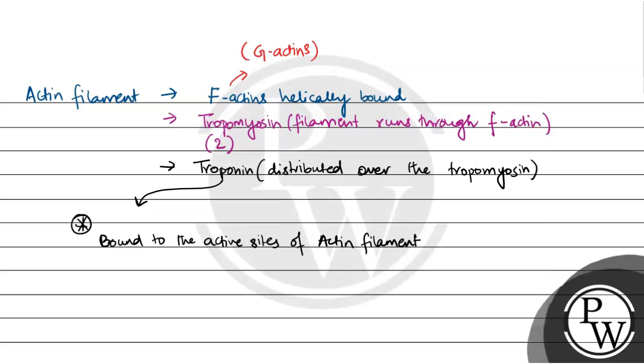So जब तक actin filament myosin head पे bind नहीं करते तब तक contraction नहीं होता, और troponin जो होता है वो active sites को mask करके रखता है so that it does not bind to the myosin.